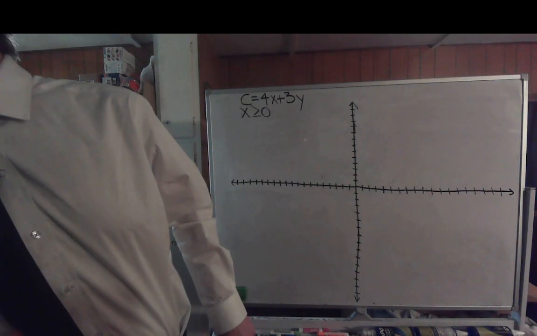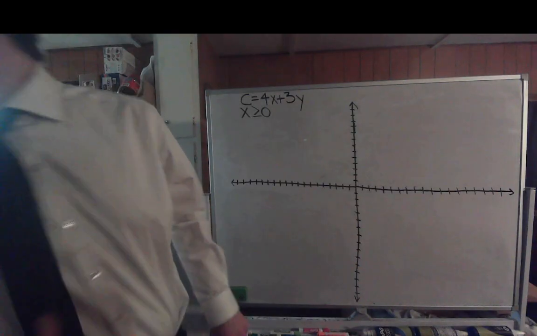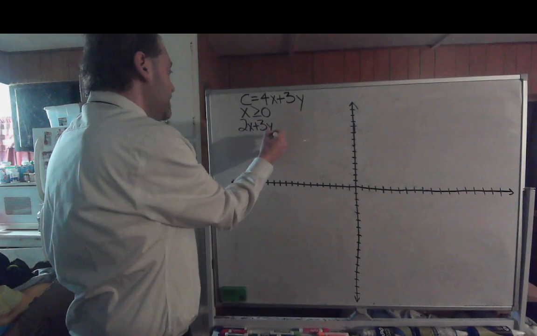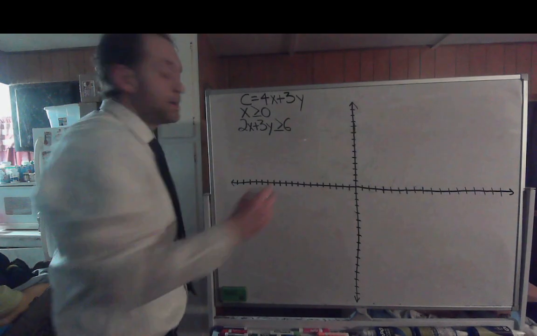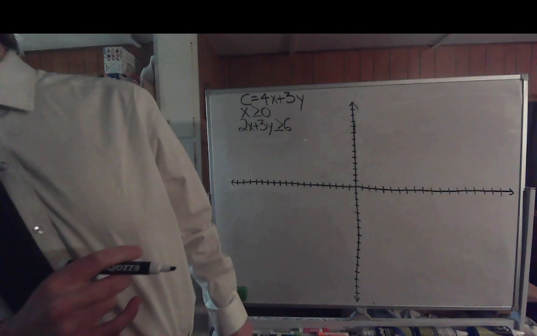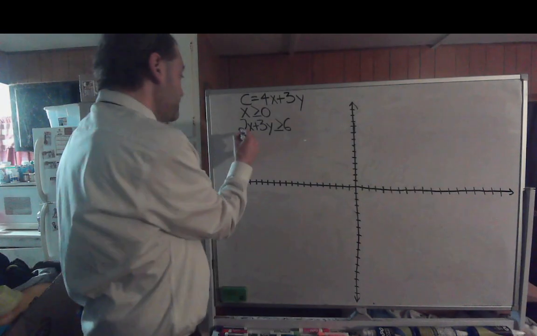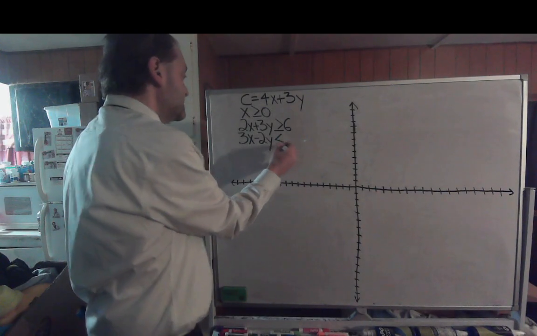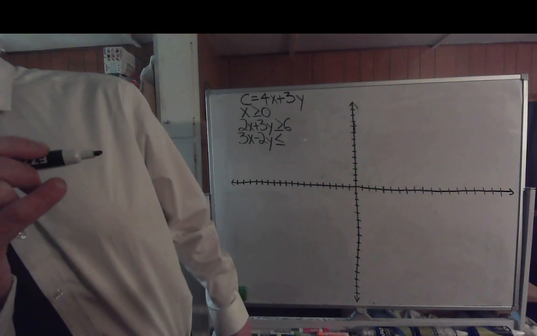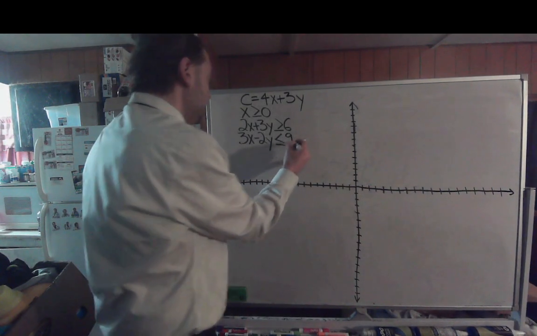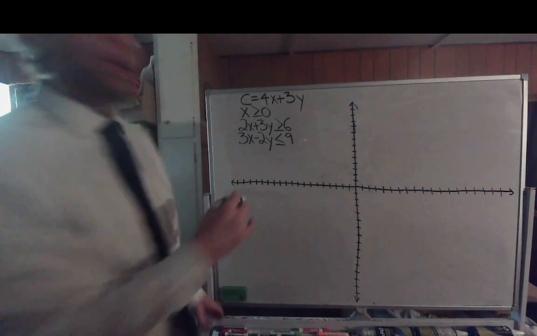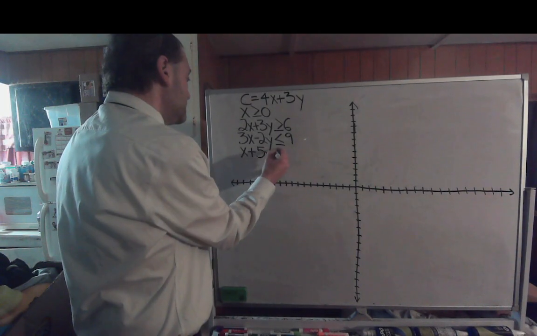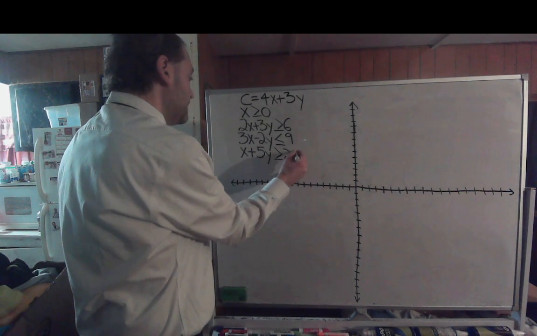Then you have 2x plus 3y is greater than or equal to 6. You have 3x minus 2y is less than or equal to 9. And then you end up having x plus 5y is greater than or equal to 20.